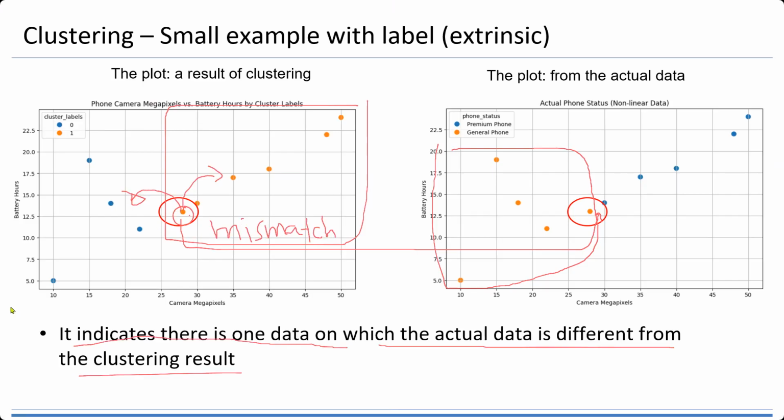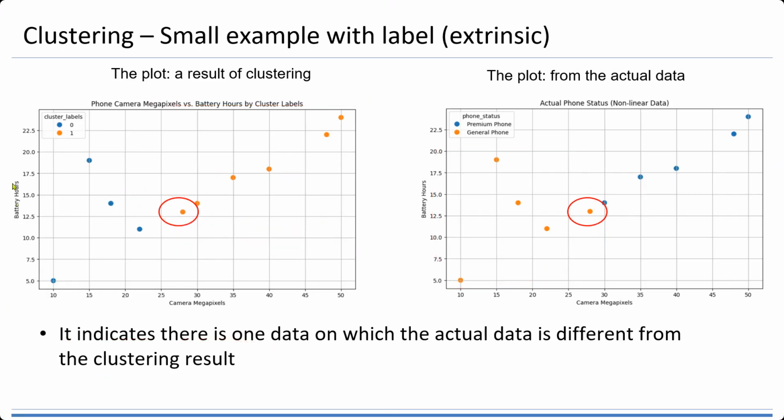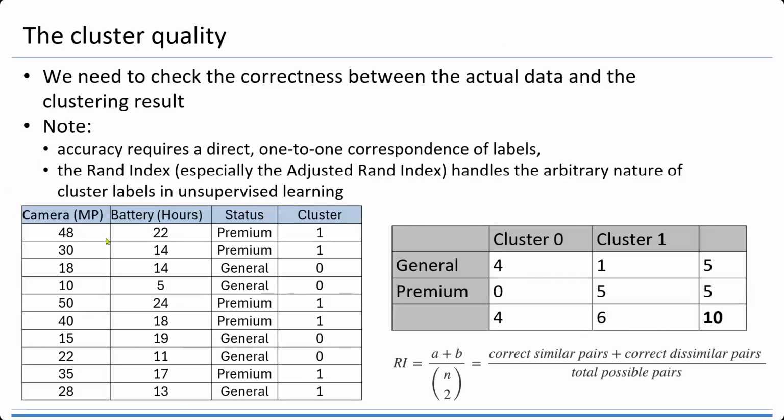Then, yeah, we need to check the performance. How to check the performance? So we need to check the correctness between the actual data and the clustering result. So note that we can use something similar to the confusion matrix. Do you still remember?